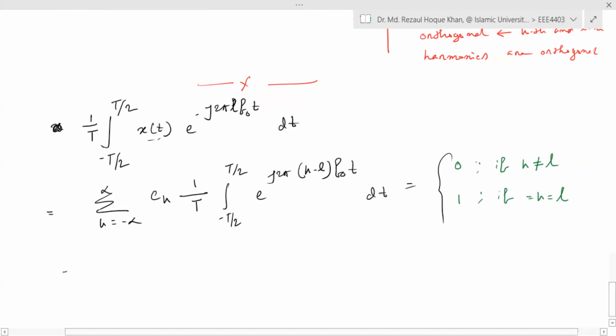Here this value varies; it depends on this 0 and 1 value.